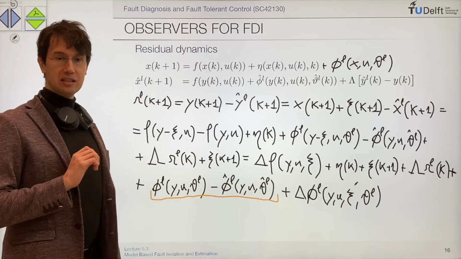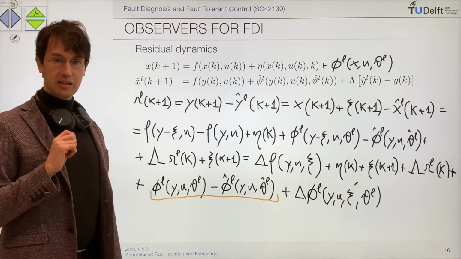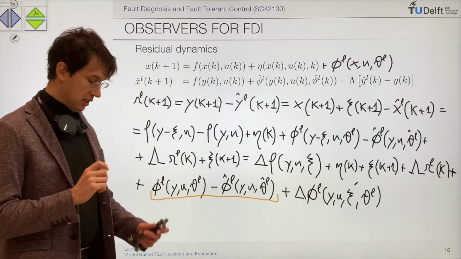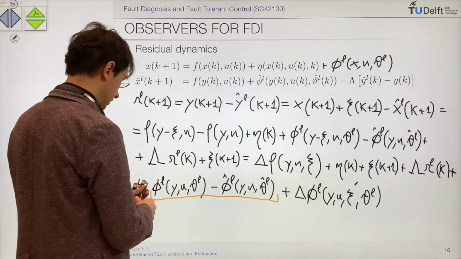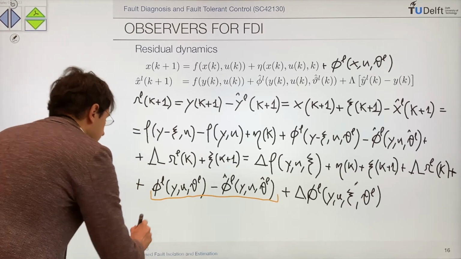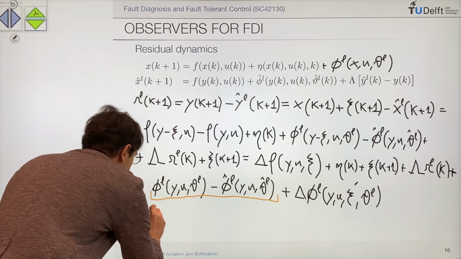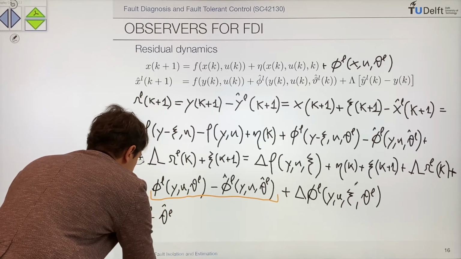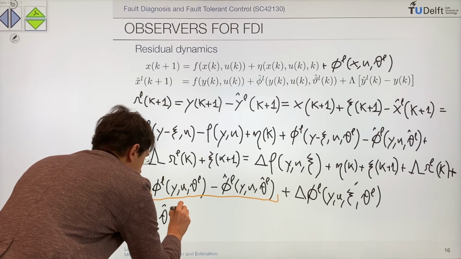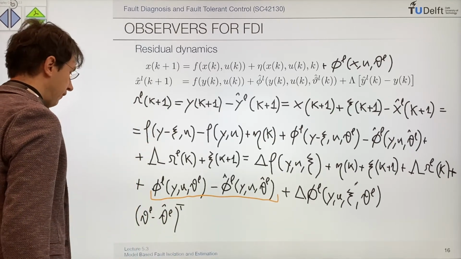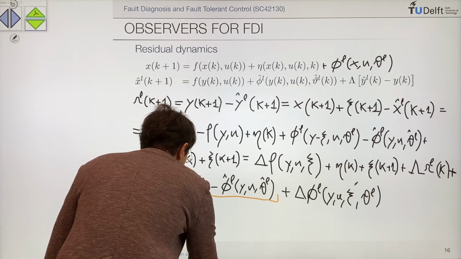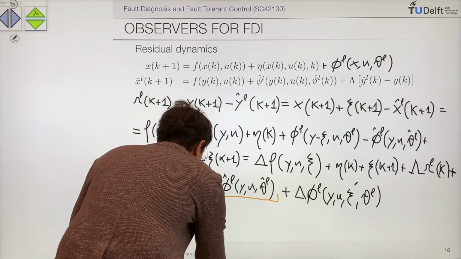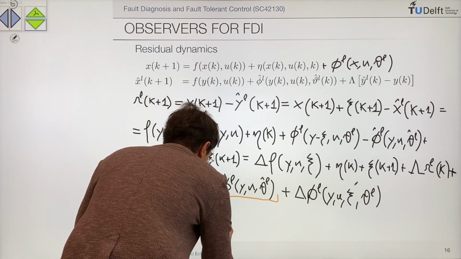And now the assumption that we had initially to write the functions that are linearly parameterized is turning out useful because now we can write this in this way. We have theta L, the true one, minus theta L, the estimated. We take the transpose of everything and we multiply it by the shape function GL of y and u.